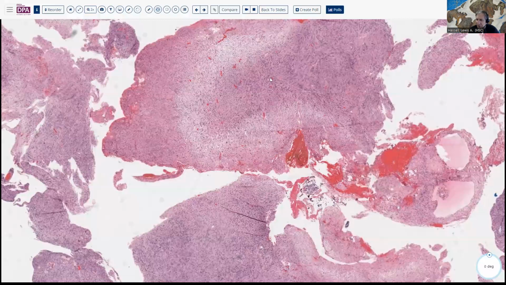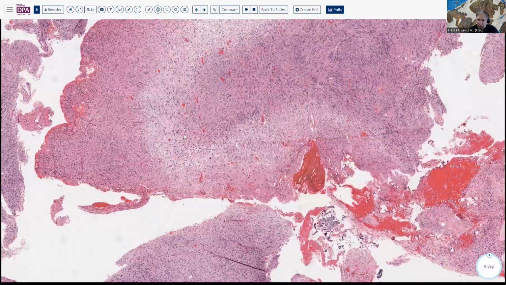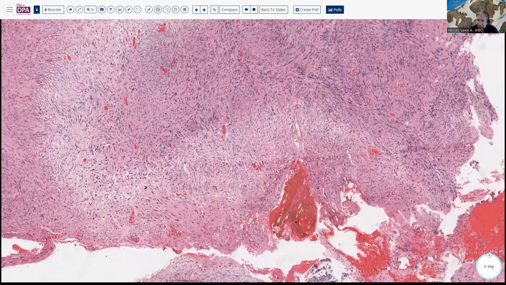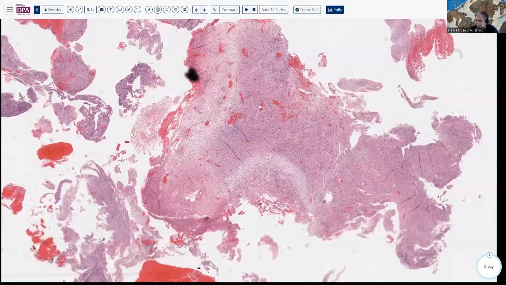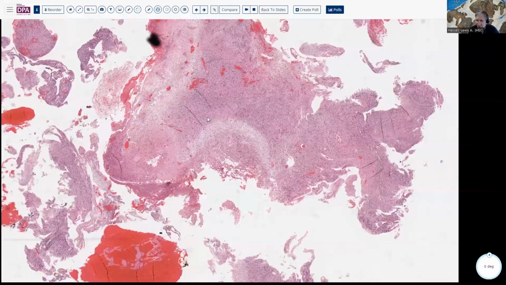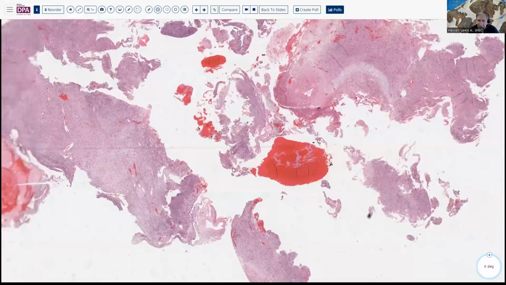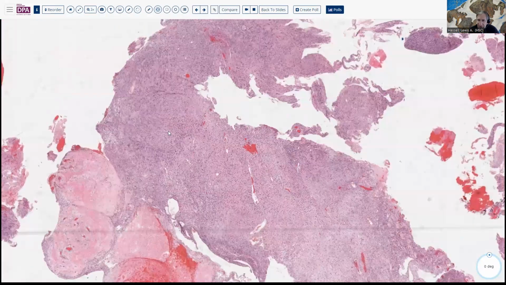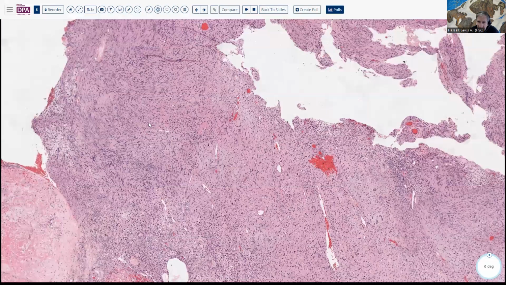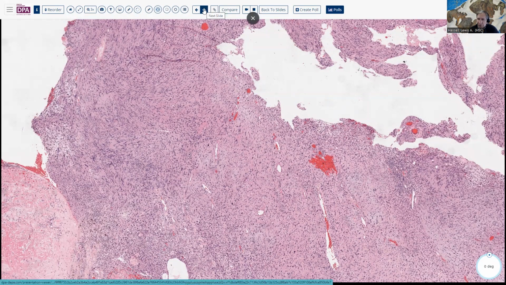You can see again these nice spindle-shaped cells. This is a lesion that may occasionally produce Verocay bodies, but only in a small percentage of cases. So if you don't find them, it doesn't negate the diagnosis, just as finding them doesn't always solidify the diagnosis. And of course, Verocay bodies are where you get the nuclei lining up in parallel with one another, forming sort of a picket fence array.